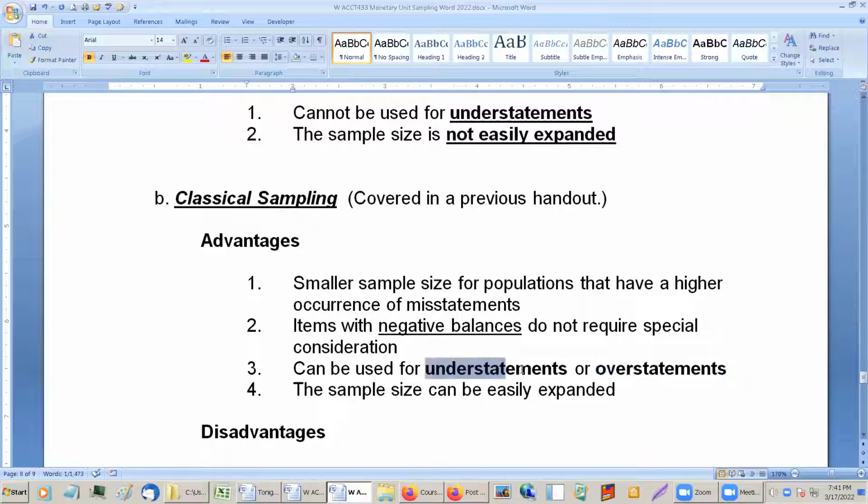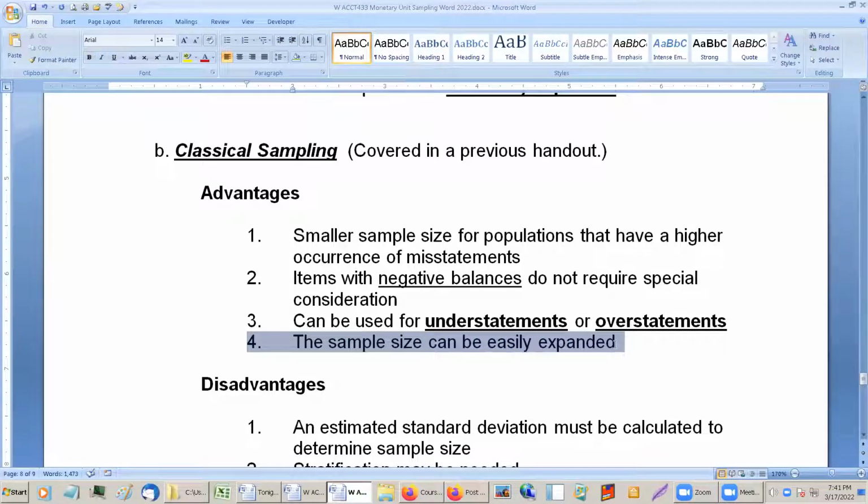It can be used for understatements or overstatements. And so if you're not sure if you're looking at an overstatement or understatement, use classical sampling. It'll point you in the right direction, or should, within the error of sampling.